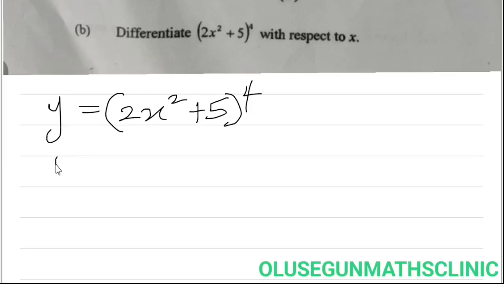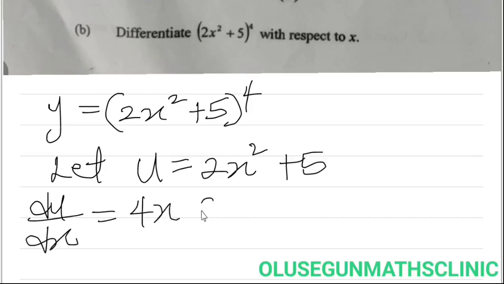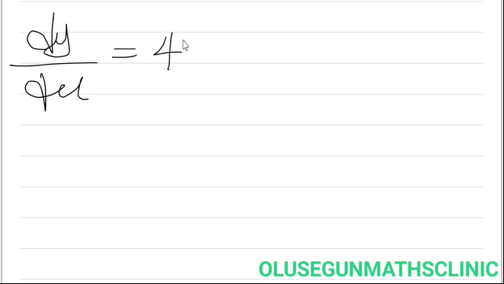Let u be equal to 2x squared plus 5. Then du/dx is equal to 4x, and y is equal to u raised to power 4. So if y is u raised to power 4, dy/du gives us 4u raised to power 3.